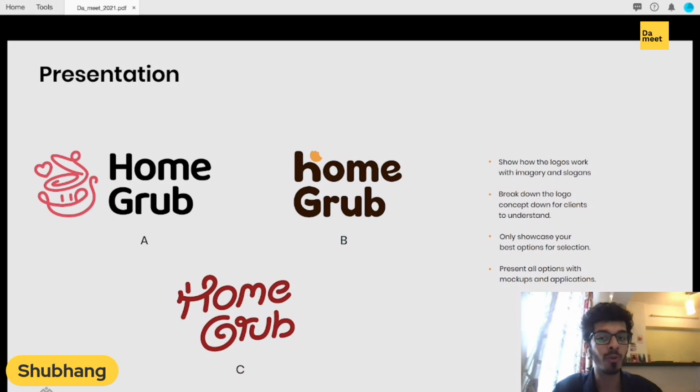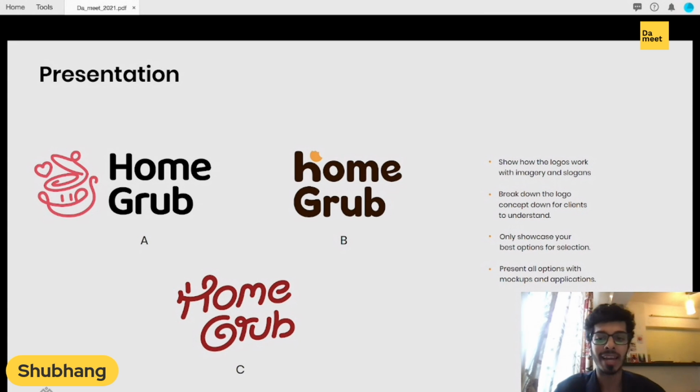So all these personality points I had used to create the shapes for the logo. Now I also use these personality points to come up with the colors for the logo. For example, if it's loving and it has that heart in it, I thought maybe a slight pink color might work out well over here. And for option B, which has that food item written on it, I thought a yummy yellow color would be great.